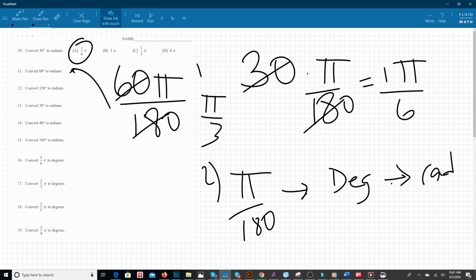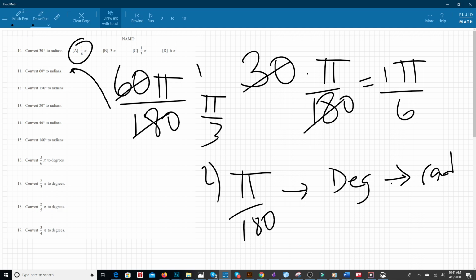What about 12? Give you guys another minute or so for 12. Okay, so for 12, what answer do we think?